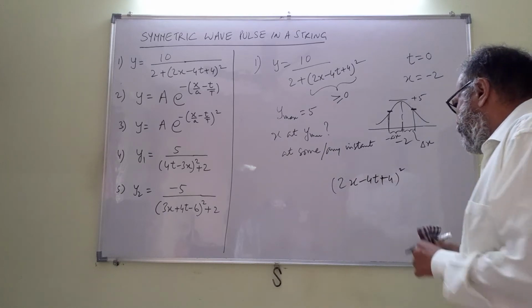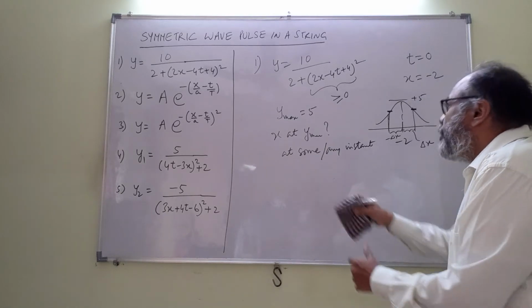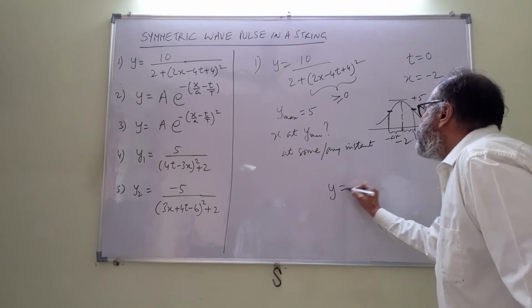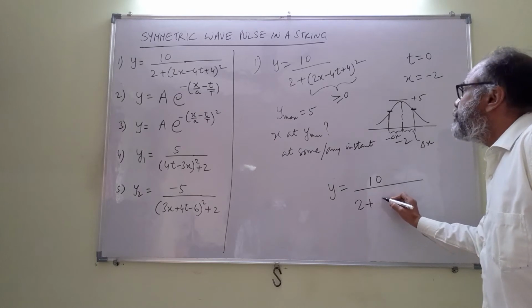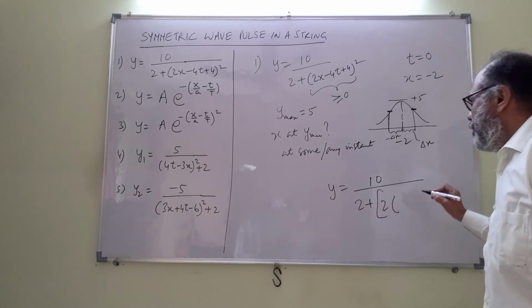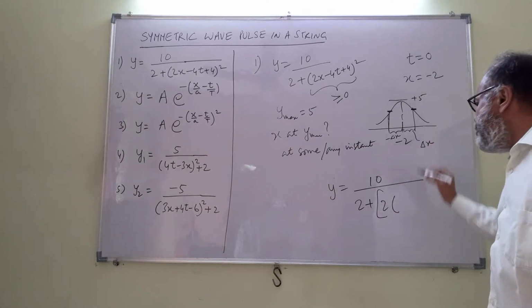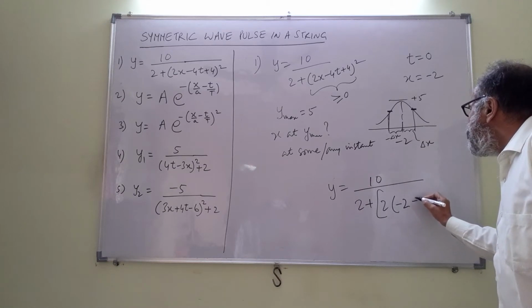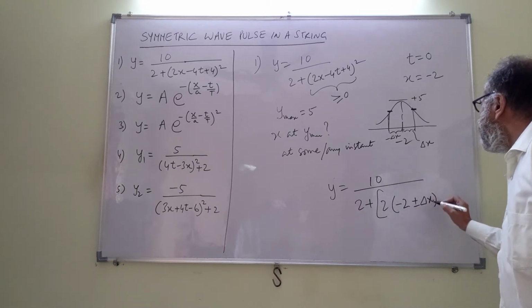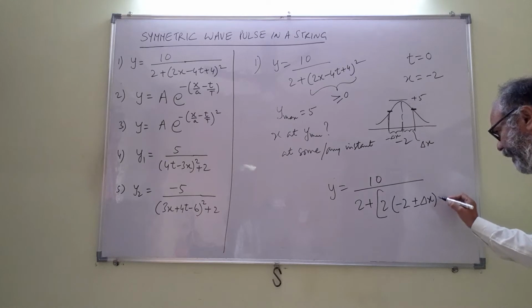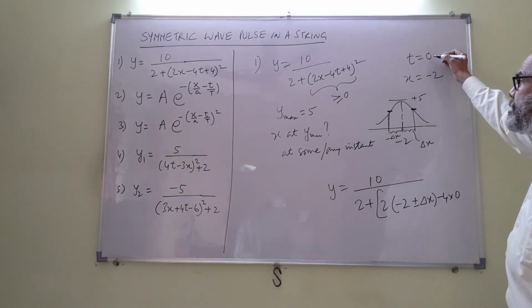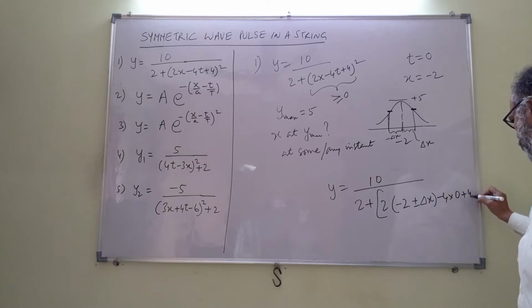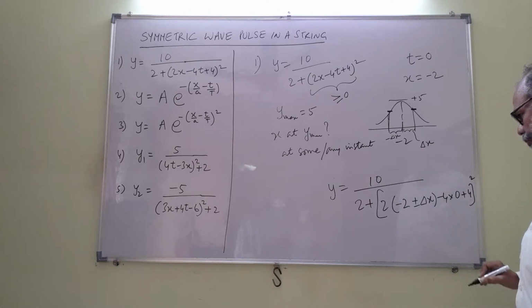Just a minute, I'll write this. y is equal to 10 by 2 plus 2 into, the maximum occurs at minus 2. So we will put minus 2 plus minus delta x, minus 4 into 0 because the instant is 0, plus 4, the whole square.